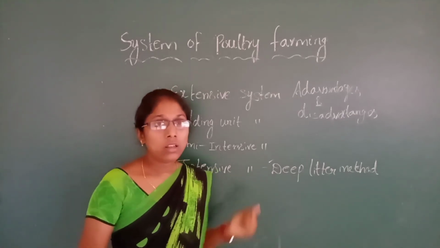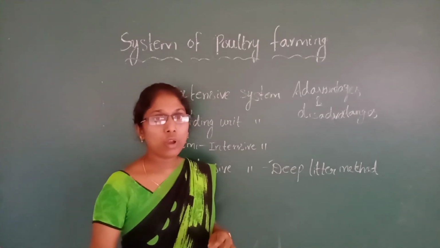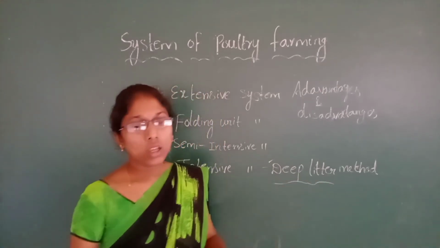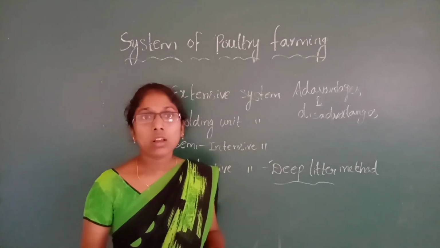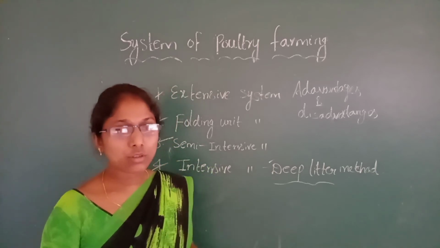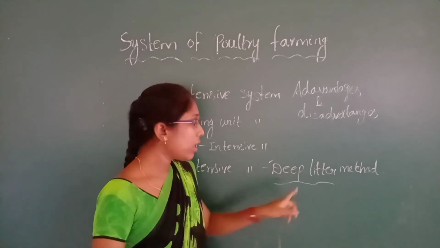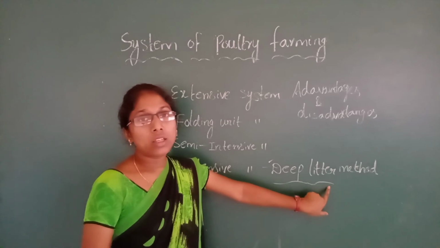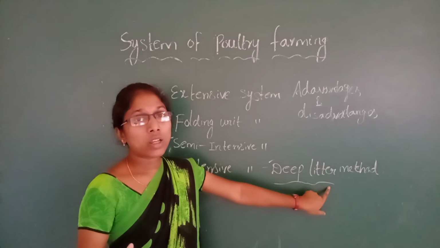In the deep litter method, what will happen is we cover the floor with compost-like deep litter. Suppose we take one house for rearing the hens; throughout the floor we cover it with deep litter, to a depth of nearly 8 to 10 centimeters.